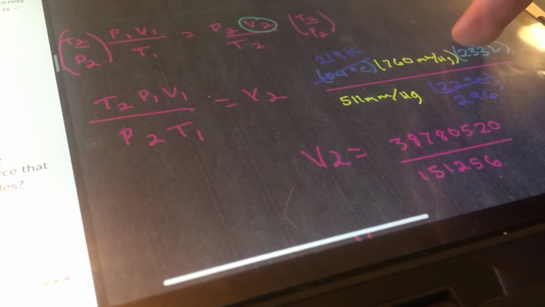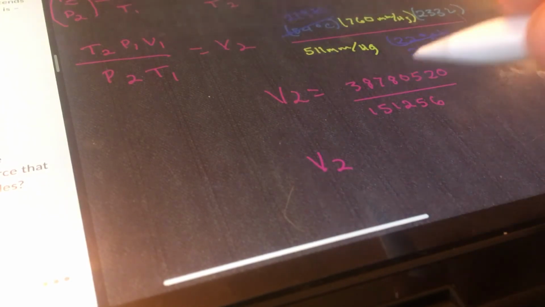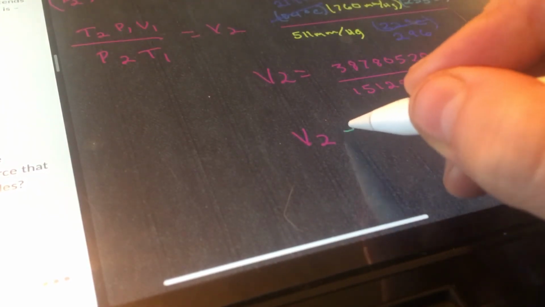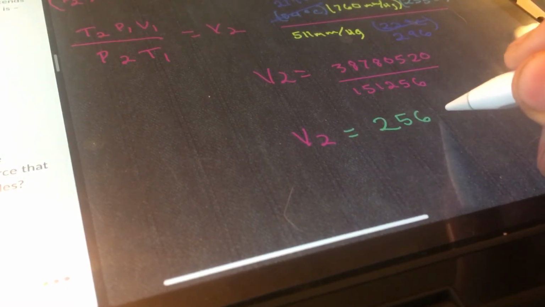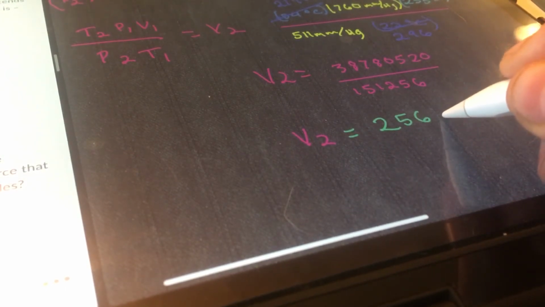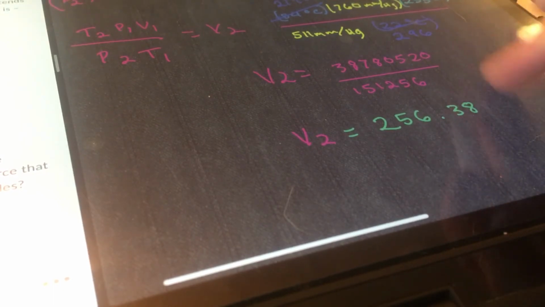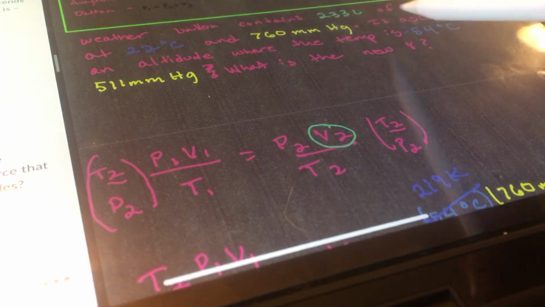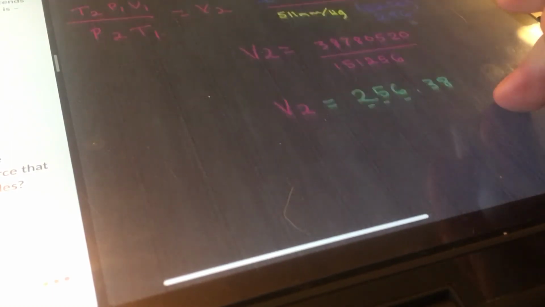For volume 2, equaling 256. We'll figure out what our sig figs are in just a second. We started off with 3 sig figs: 1, 2, 3.